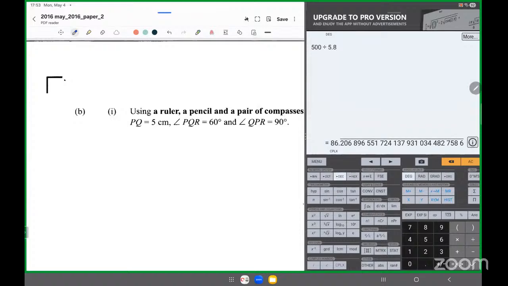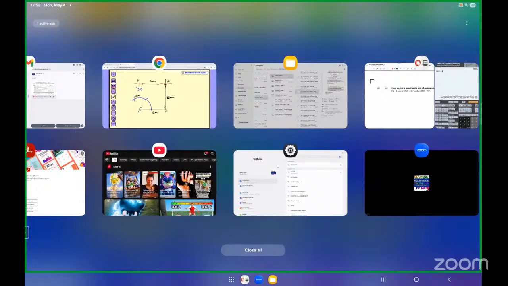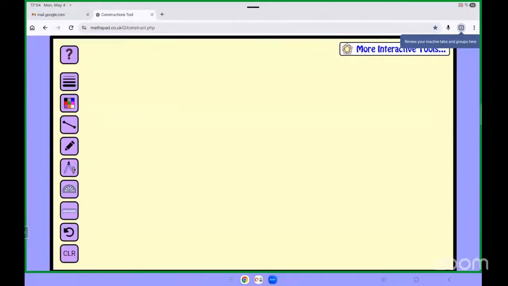All right, let's go. Let's construct it over here. So just sketch what we're going to construct. Let's get over here and start again.